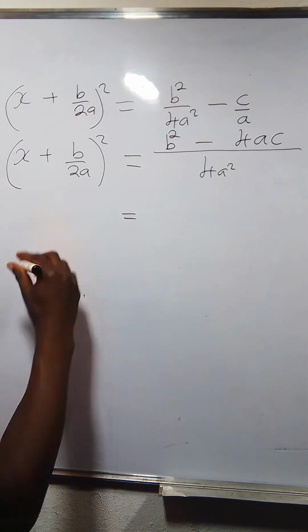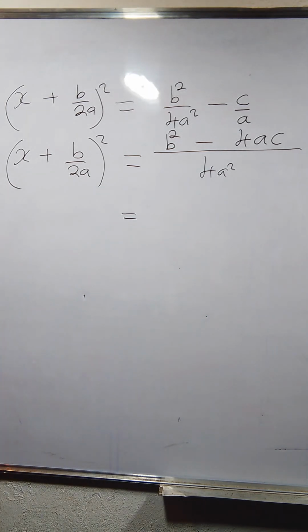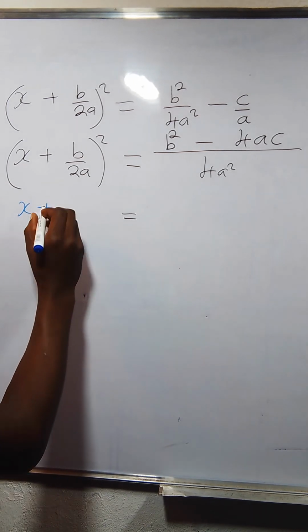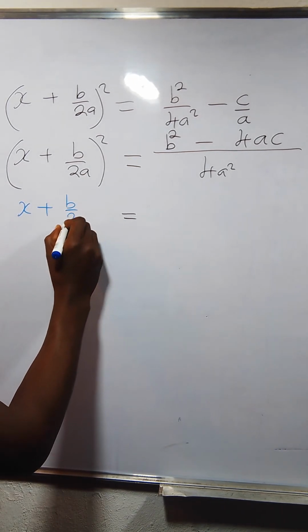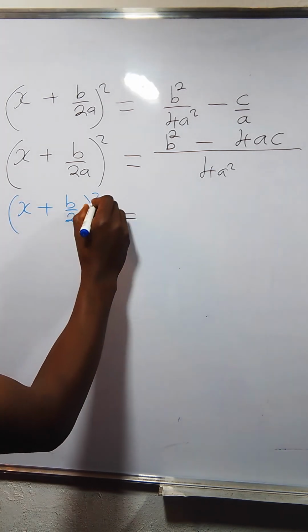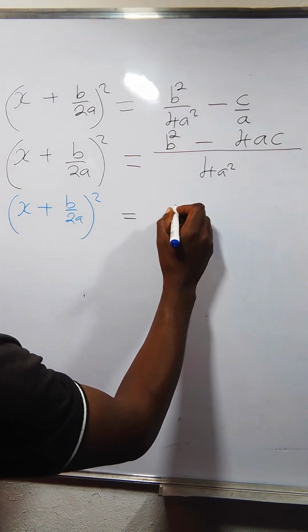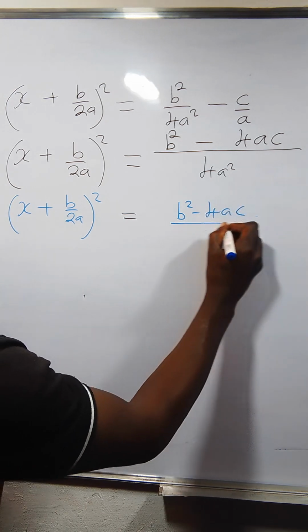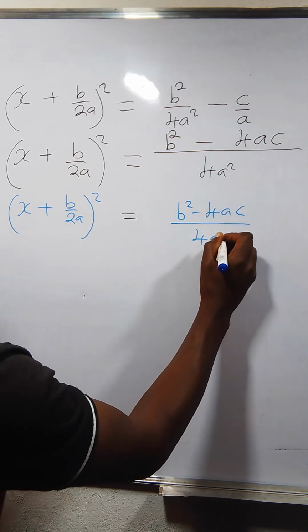I'm going to say x plus b over 2a squared equals b squared minus 4ac over 4a squared.